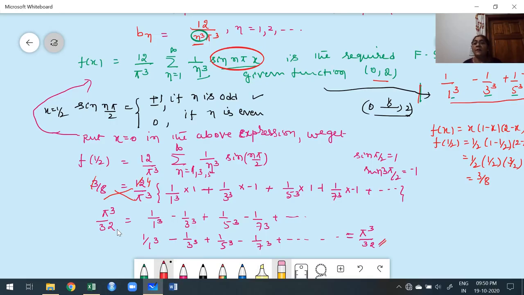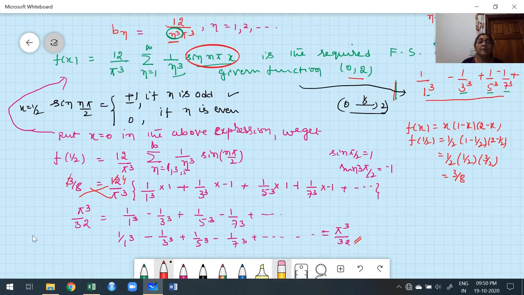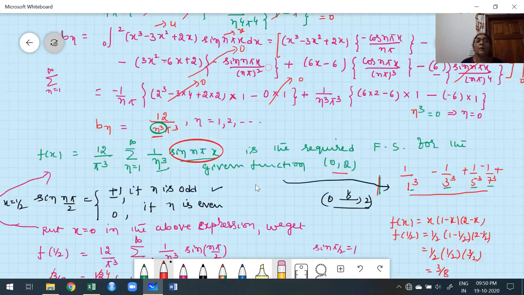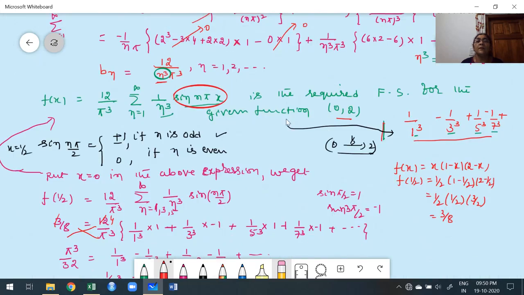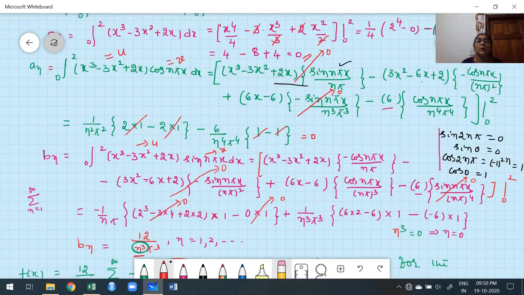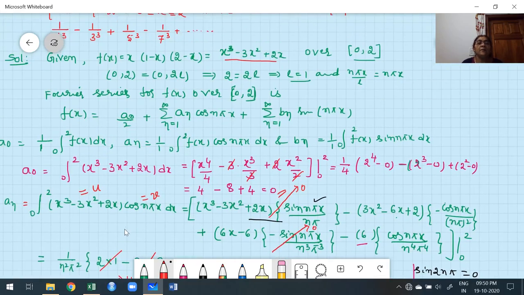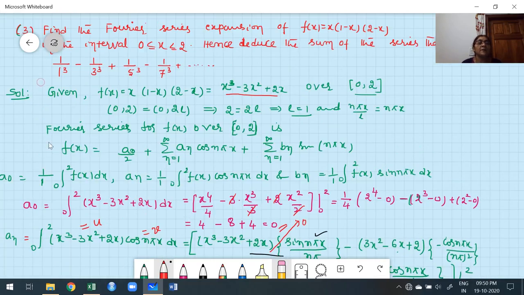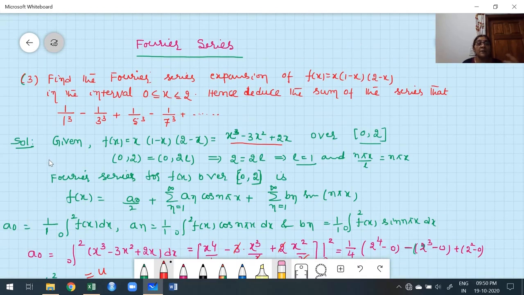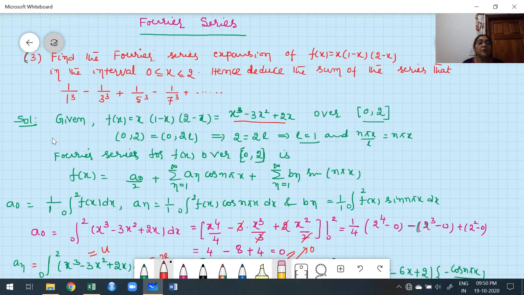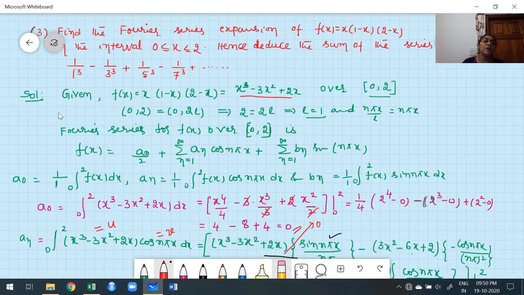I think it's clear how we get these values. I explained it very clearly. Again I'll go back. Here the given interval is in the form of 0 to 2, so this given problem is referred to the first case. Whenever it is referred to the first case, based on my class, we don't have any choice to go for even or odd.